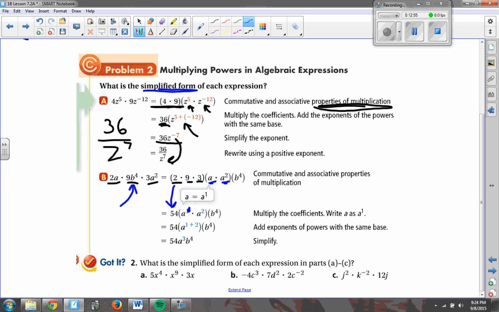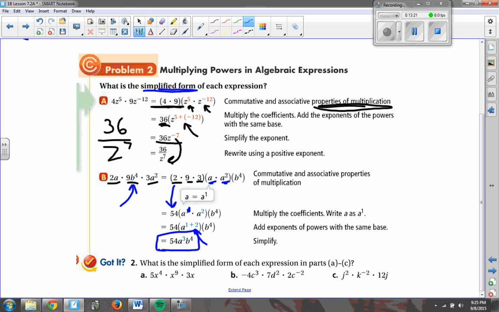Okay? So really what we're doing is a to the 1 times a to the 2. And again, our rule right here says add those 2 numbers together. A to the 1 times a to the 2 should be a to the 1 plus 2. 1 plus 2 obviously is 3. And as I said before, we didn't get to do anything with that b number.